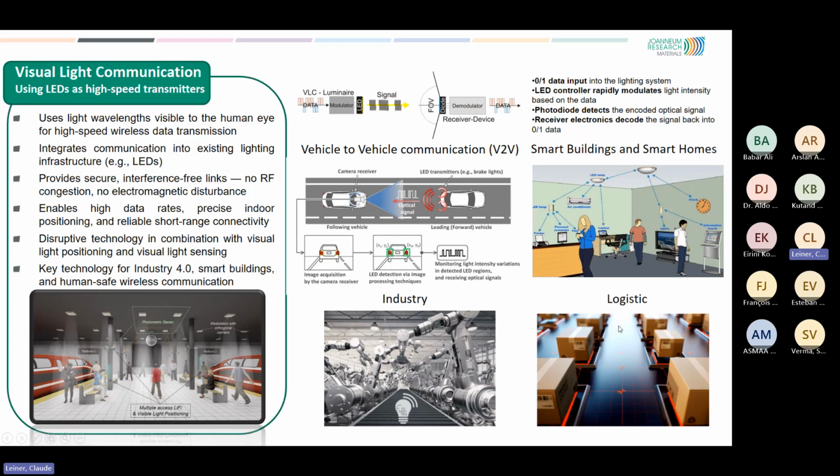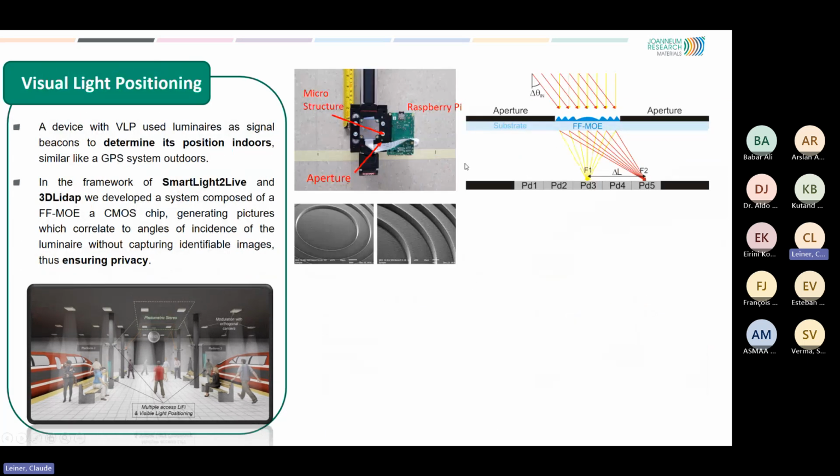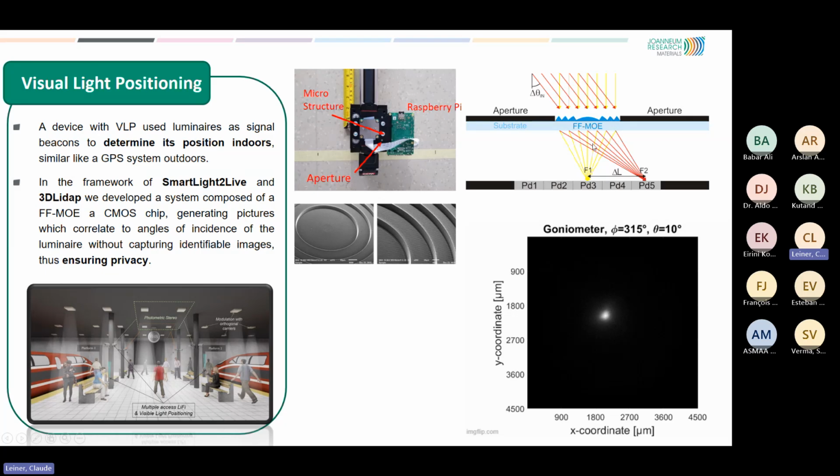You can see where everything is, where I want to guide my robots and so on. And for example, what we have done here is the visual light positioning topic. This is what I said I want to measure. I want to see where I am now, for example, here, and I have my visual light positioning device, which can be my smartphone.